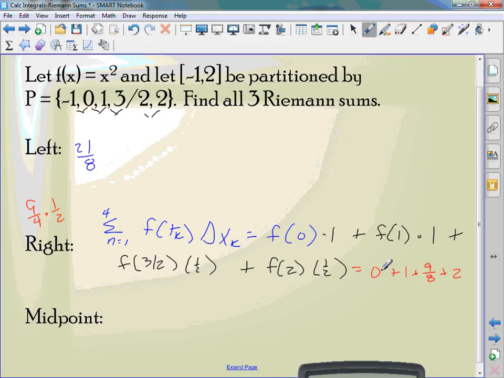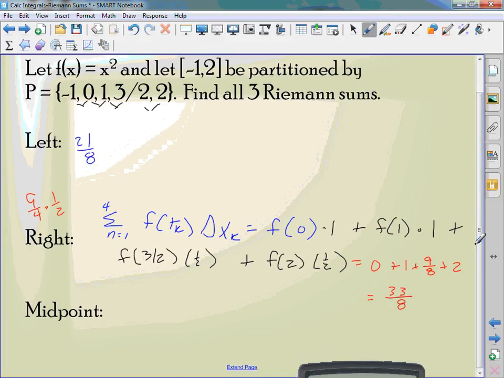I add up 0, 1, 9/8, and 2, and I get 3, 4, and 1/8, so it's 33/8. That's what the right sum is. You can use your calculator to add these up. This one was 21/8, this one's 33/8. They're not the same. They're approximations.